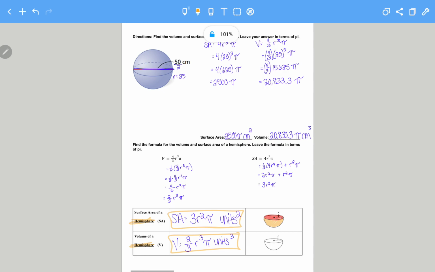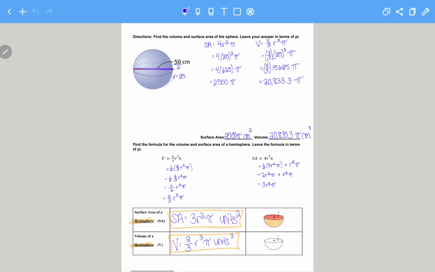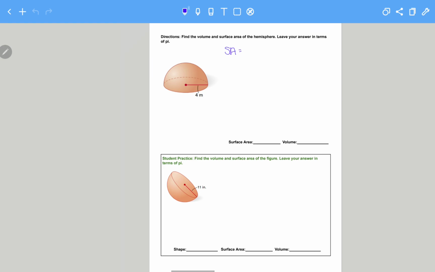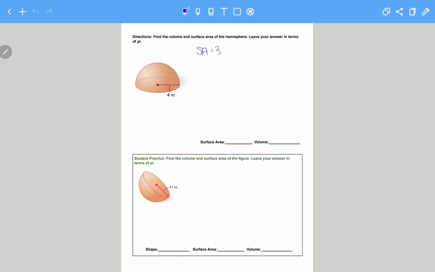Okay, let's try using these formulas on this next page. So remember, we have surface area equals 3r squared pi. And if you don't know those formulas, you can always use all that information we did to find those formulas.